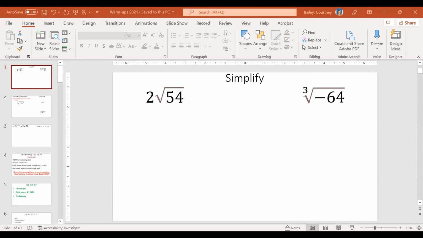So what can I write instead of 7 square roots of 8? What does this really equal? 14 square roots of 2. Because we had to simplify. Okay. Questions so far? Okay, so we're going to go make it just a little bit harder now.